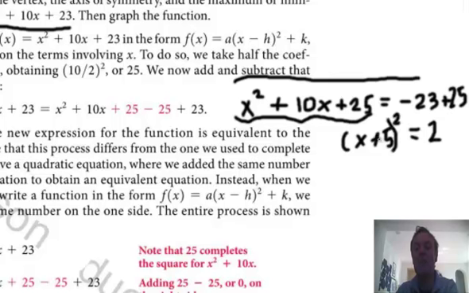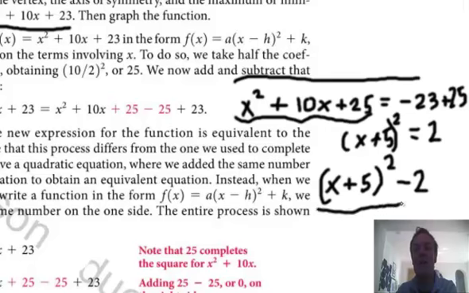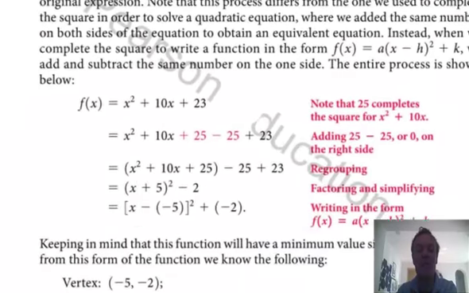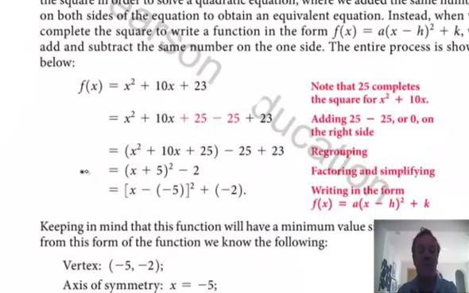Now I'm going to solve this. If I bring the 2 back onto the left-hand side, I'm going to have x plus 5 all squared minus 2. That is what they have down here.